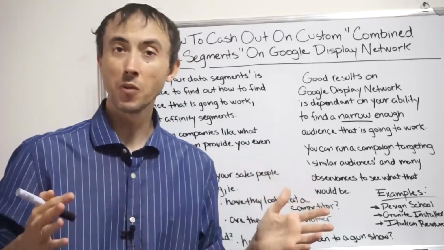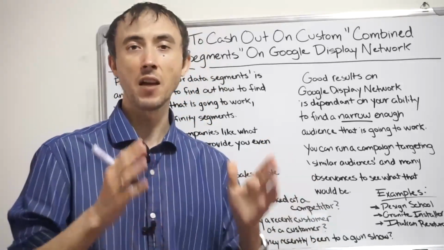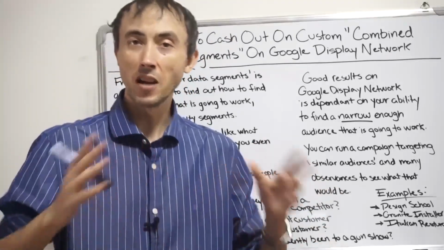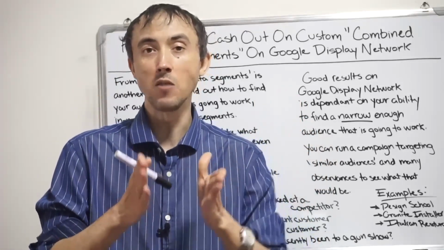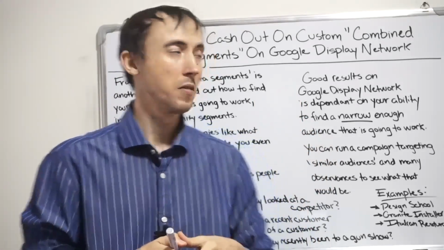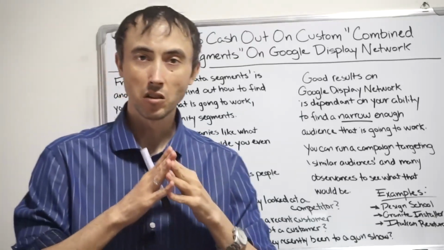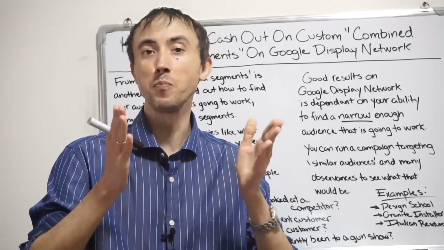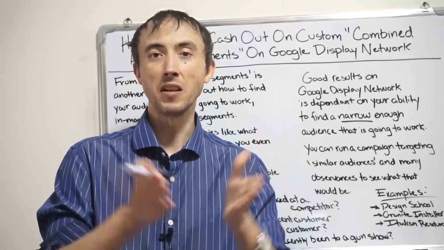But in general, for anybody who wants customers, you can use online display advertising through Google Display Network to find customers. It all comes down to, can you target narrow enough to find where your buyers actually are? And that's where custom audience segments specifically come in handy to narrow down targeting beyond what Google Display Network offers as targeting options by itself.